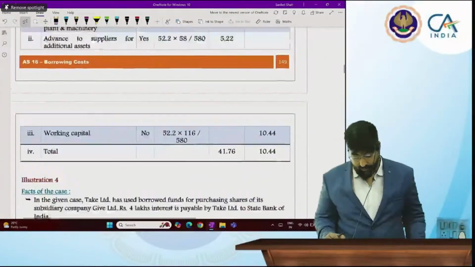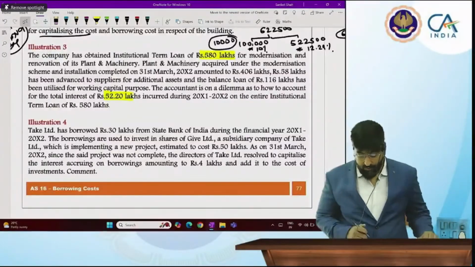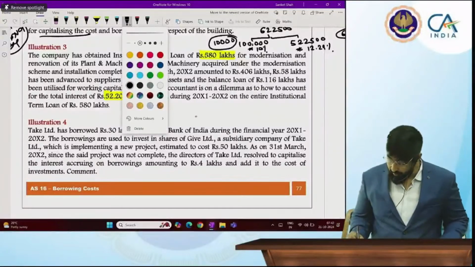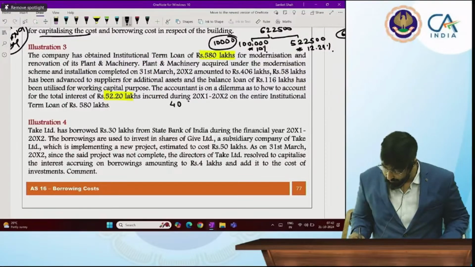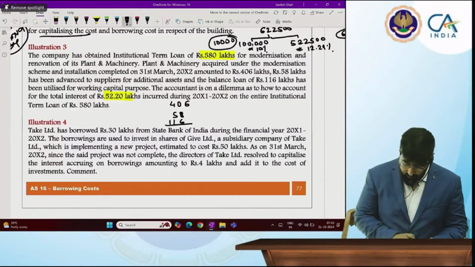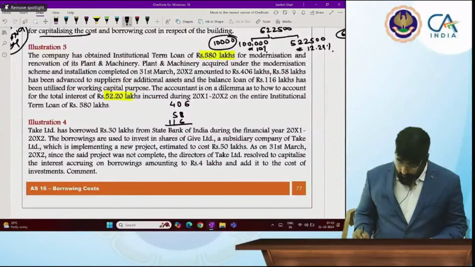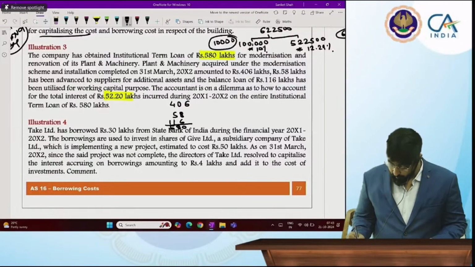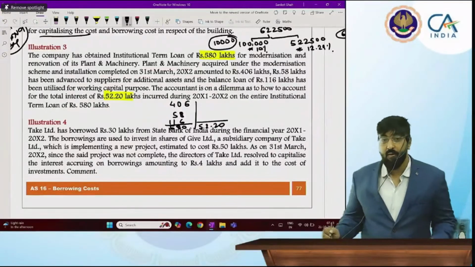It's clear? Yes sir. See, so what is the shortcut? See how many expenditures you incurred: 406, 58, and 116. Take a total: 580. So 580, 52.2.